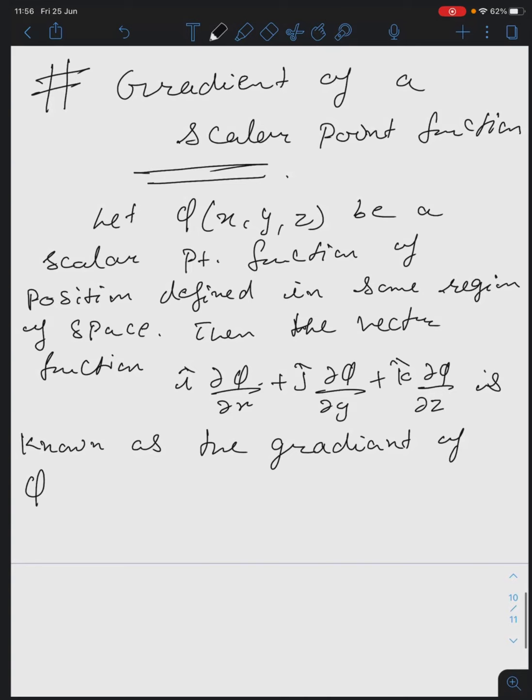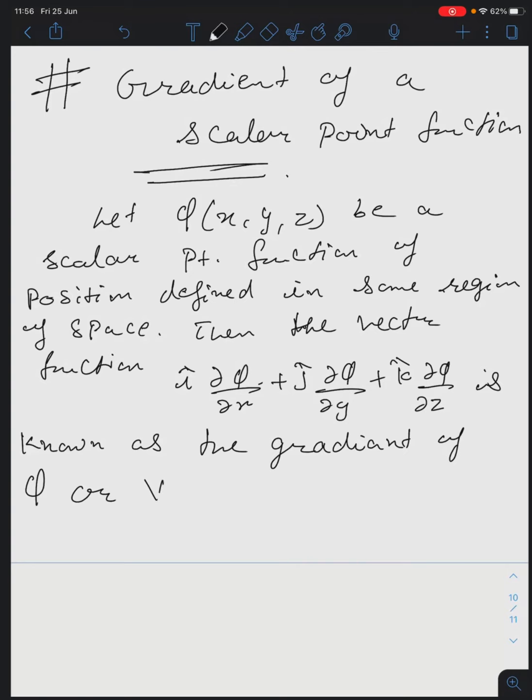This result is a vector function, and this is known as the gradient of phi, or you can say del phi.